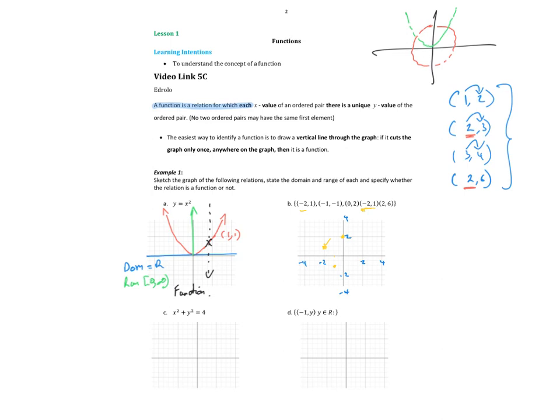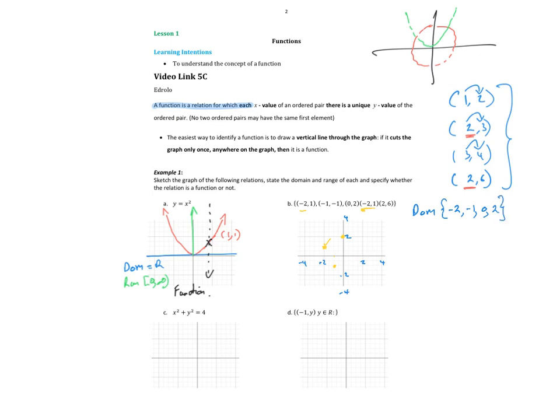Okay, so there's our 4 points. Let's go through and have a look at the domain. It's all the x values, so it's specific values this time: -2, -1, 0, and 2. I don't repeat.